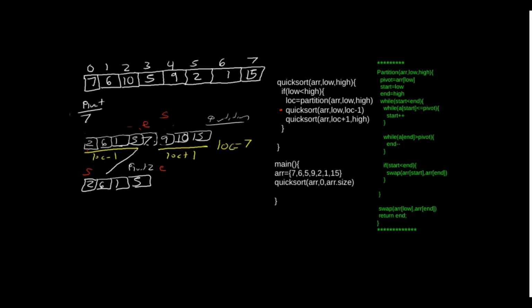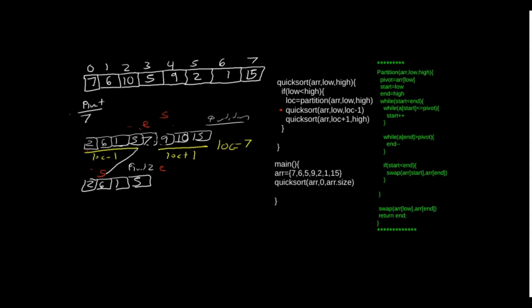We're just going to quickly go through the stuff. S and E, the pivot is 2. Is 2 less than or equal to 2? Yes. Is 2 less than or equal to 6?